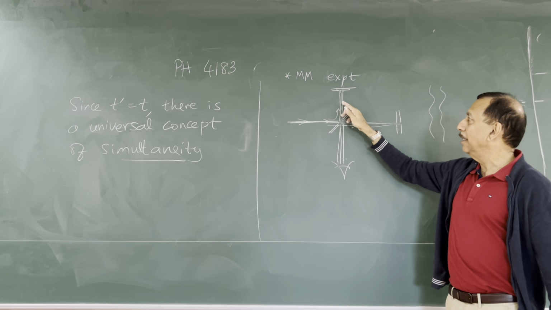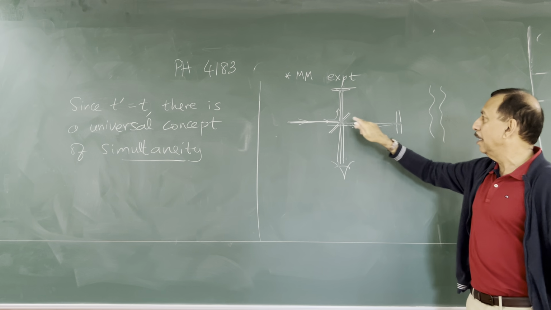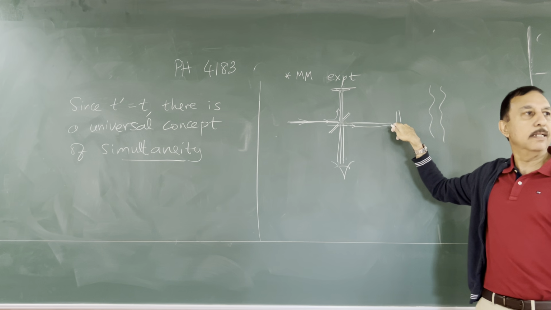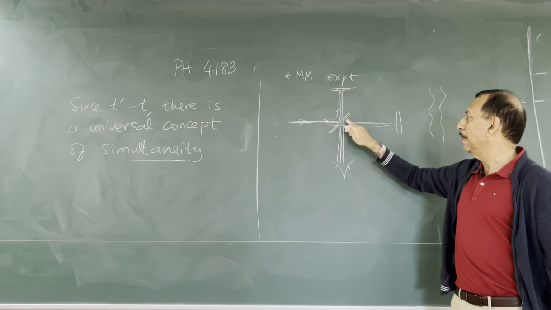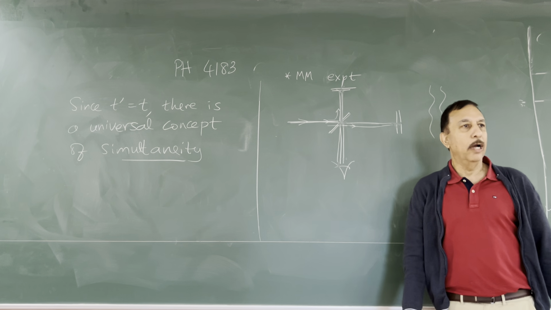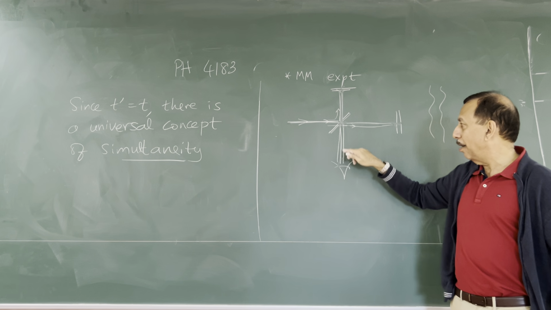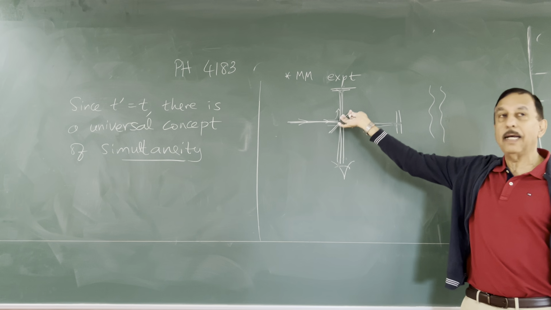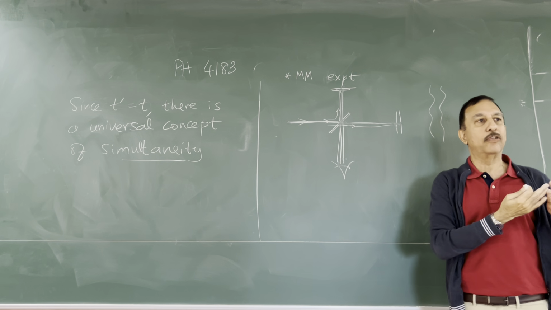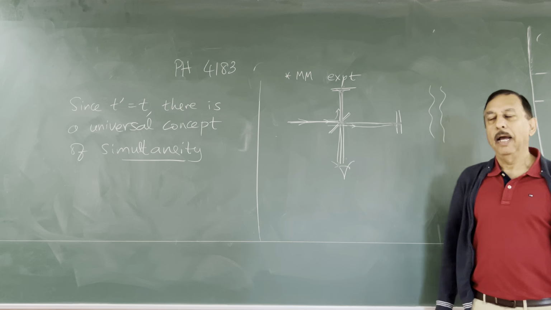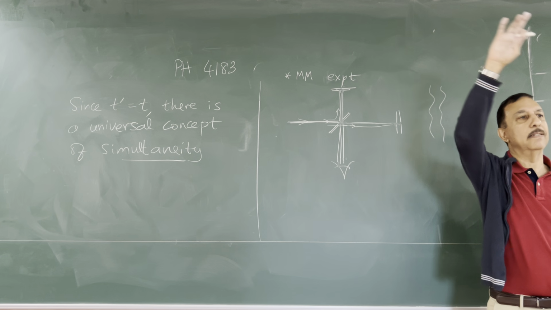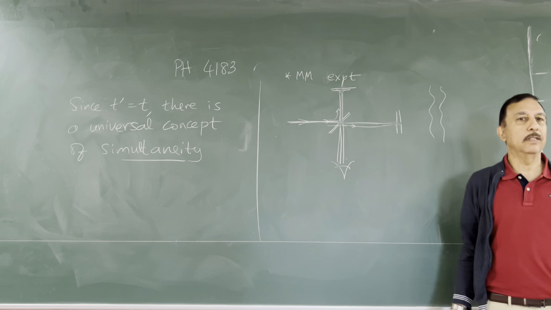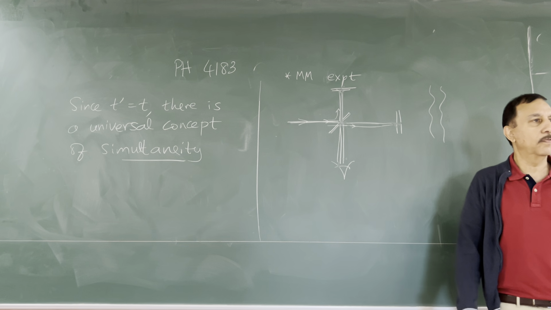But we simply say that, look, these lengths need not be the same. Nobody wants to make the experiment so precise that these lengths are exactly the same. The point is that when these beams come, they interfere, and when I rotate the apparatus, those fringes should shift. That's all. Or when I keep the apparatus fixed and I let the Earth rotate the apparatus by simply moving around the Sun, again the fringes should shift, and no fringe shift was found.